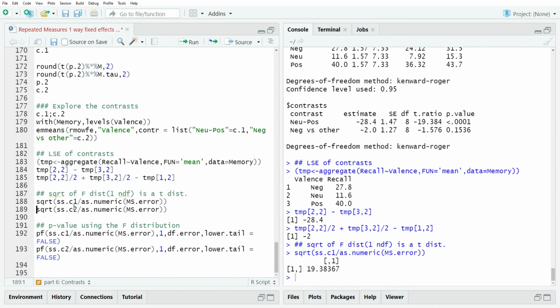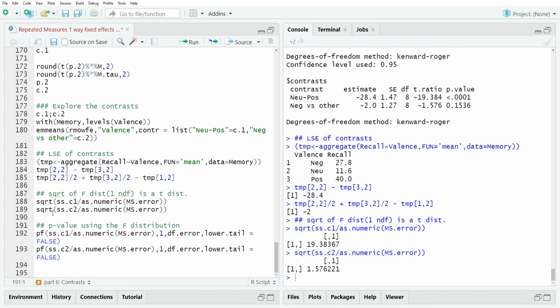So let's look at the square root of the sum of squares for contrast 1 divided by the mean squared error, and it's 19.3, and note that we get the same thing here, 19.3. Now, it's negative because this estimate is negative. Now let's take the square root of the sum of squares for the second contrast divided by the mean squared error, 1.576, and that's what we get.